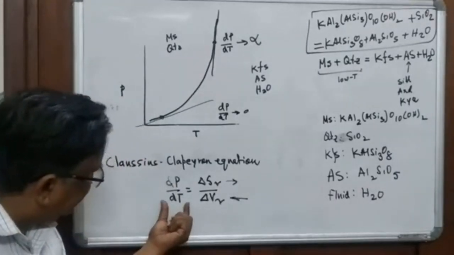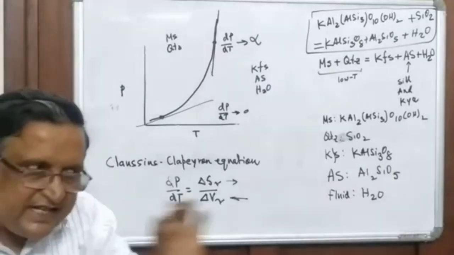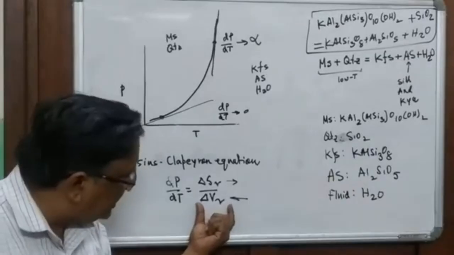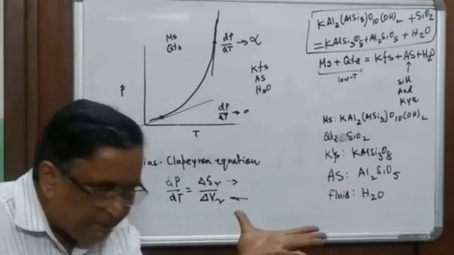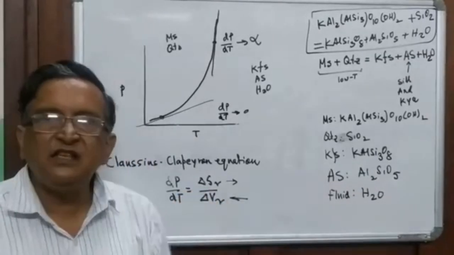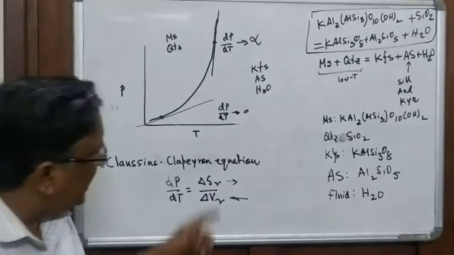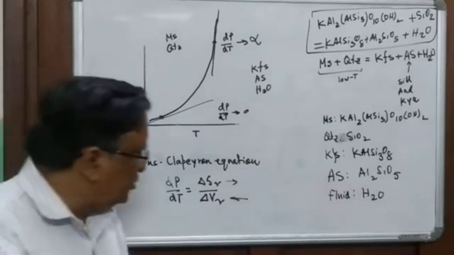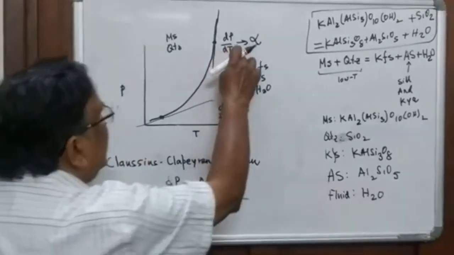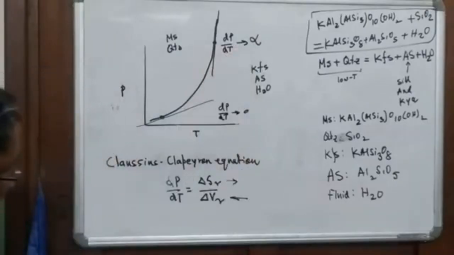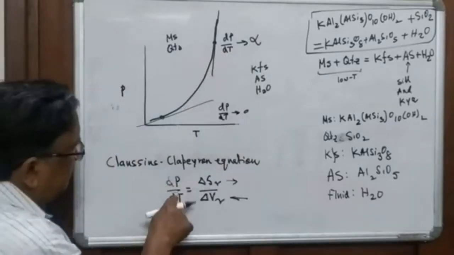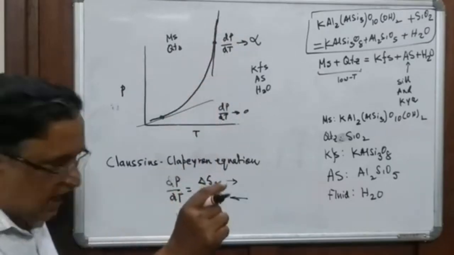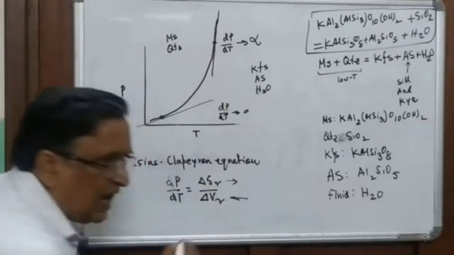If dP/dT tends to 0, the denominator, delta VR, should be very big compared to delta SR, or delta SR should be close to 0. Normally, in this part, dP/dT is very large. How can you have this large? If delta VR is small.